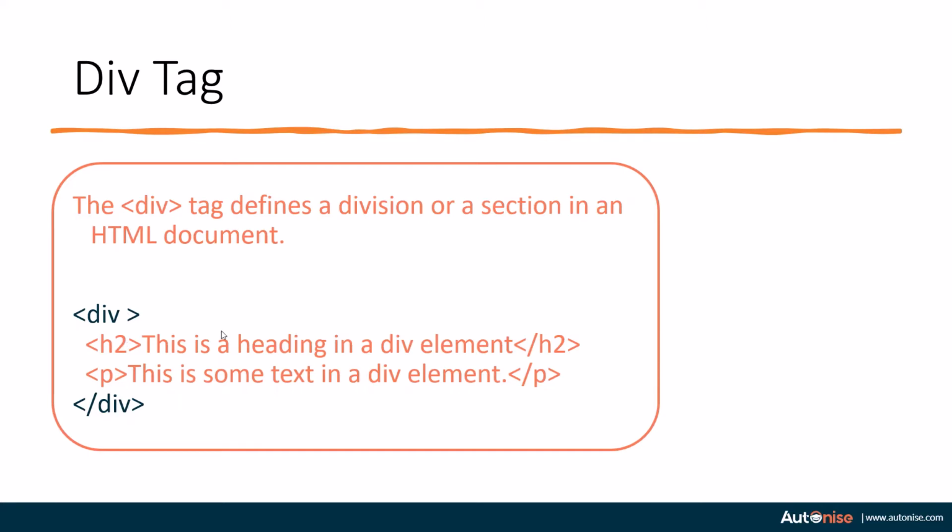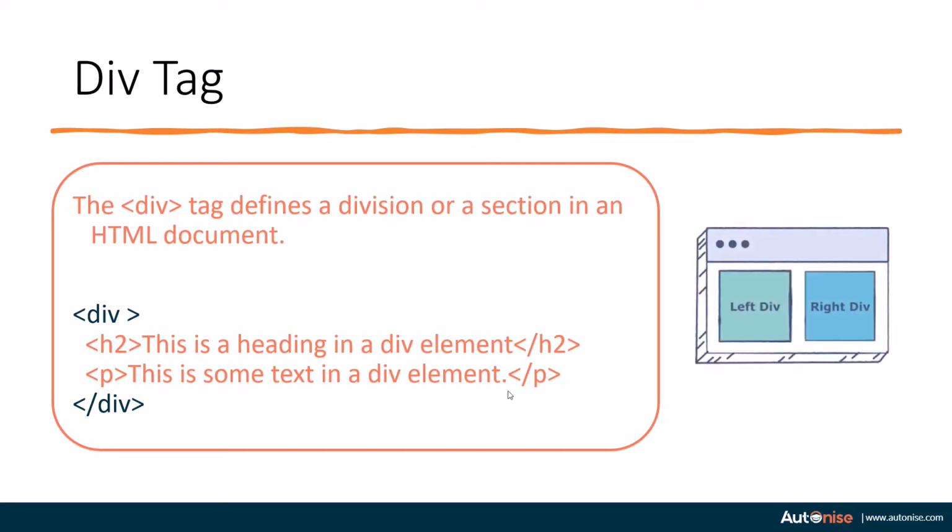Inside the div tag, you can put any of your other elements. There can be distinguishing divs or divisions. So there can be a left div, a right division, and you can have divisions in multiple rows as well. We'll have a look at where exactly we can use div in the upcoming slides.